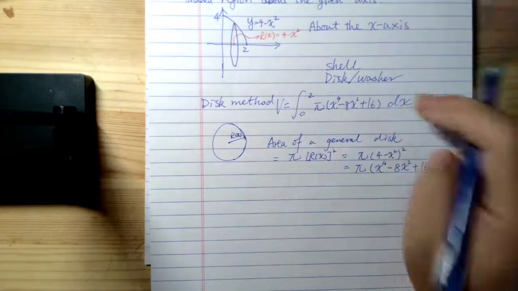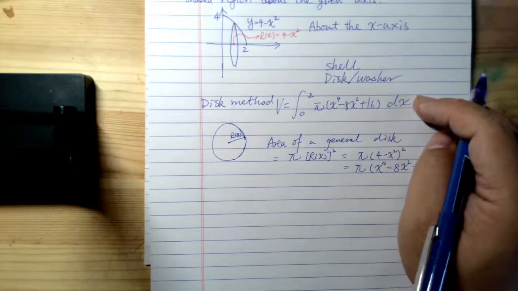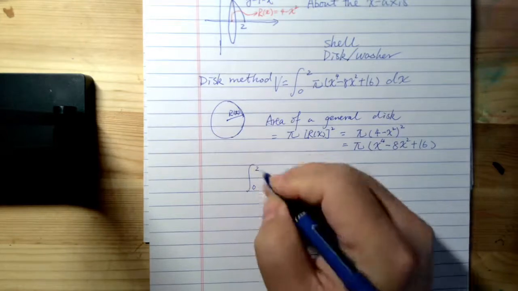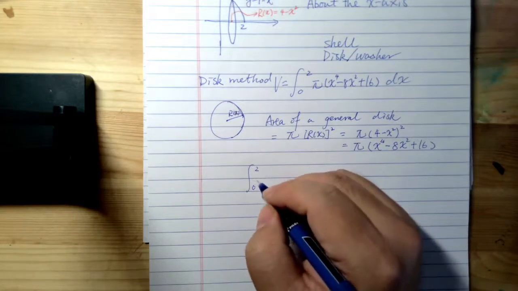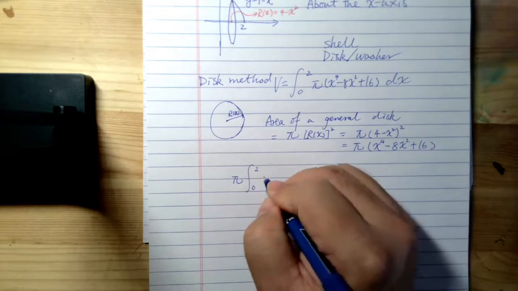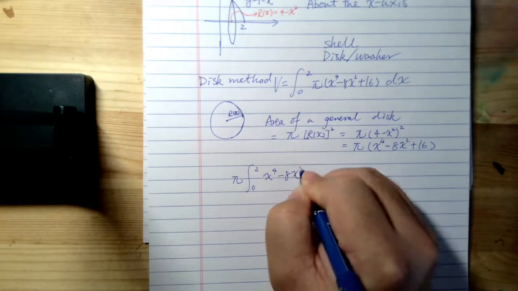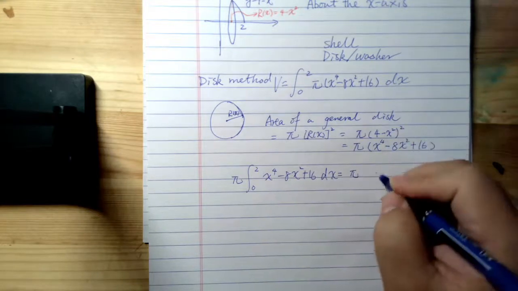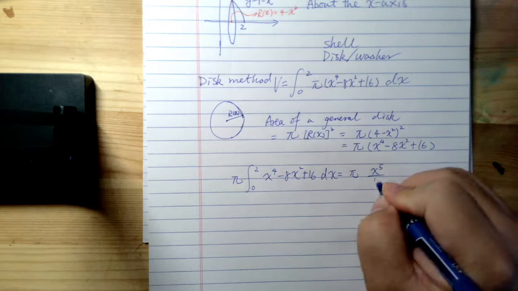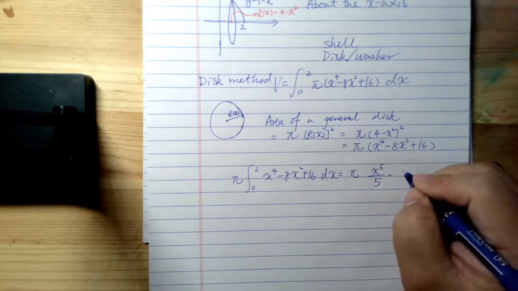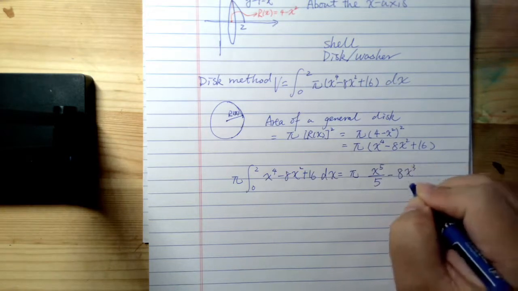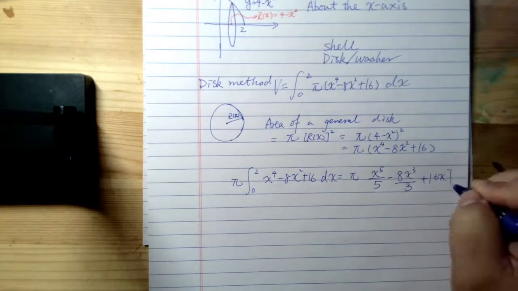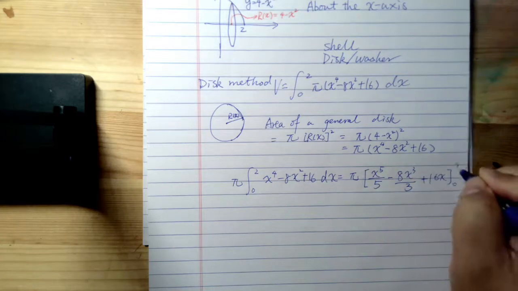Okay, so all we need to do is evaluate this definite integral, which is pretty standard, right? So we have pi times the integral of x to the 4 minus 8x squared plus 16 dx. This is going to be pi times x to the power fifth over 5, minus 8x cubed over 3, plus 16x, and of course it's from 0 to 2.